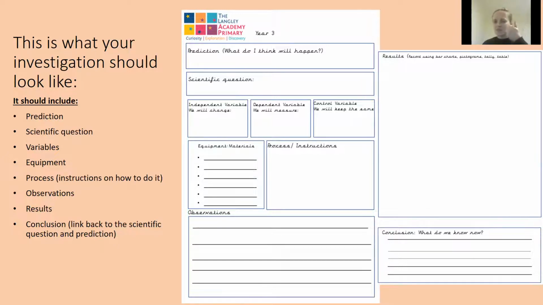You have a process in which you're going to undertake the entire investigation, almost the step-by-step instructions of what you're going to do, your observation, what you observe while you're doing the investigation, your results, all the information that you collect, and then finally a conclusion that will link back to the prediction or the scientific question.